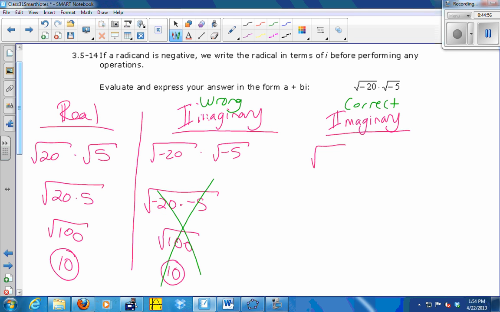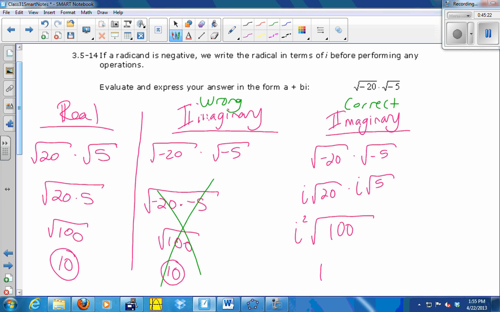So I have the square root of negative 20 times the square root of negative 5. Rewrite this as i square root of 20 times i square root of 5. Take out the square root of negative 1 from each of them first. And then we have i times i is i squared, times, and now we can follow the rule where you're allowed to multiply what's under the square roots. 20 times 5 is 100.